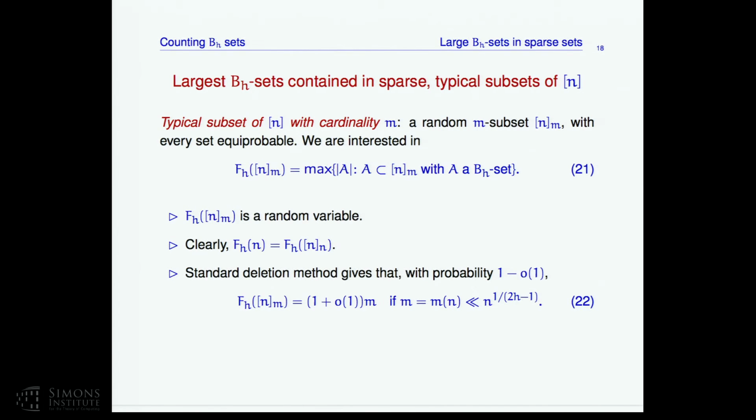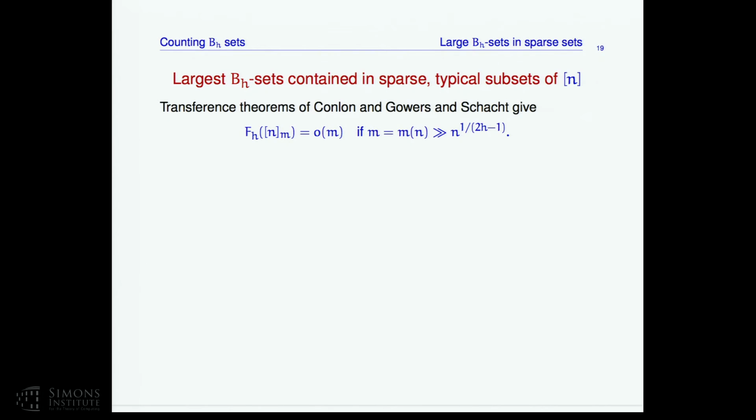And so the first easy remark, which we already actually used, is that if m is below this critical quantity n to the 1 over 2h minus 1, then most of it is a B_h set. So this extremal function is close to as big as it could be, it's (1 minus little o of 1) times m. And then if you go above this critical power of n, this should change.